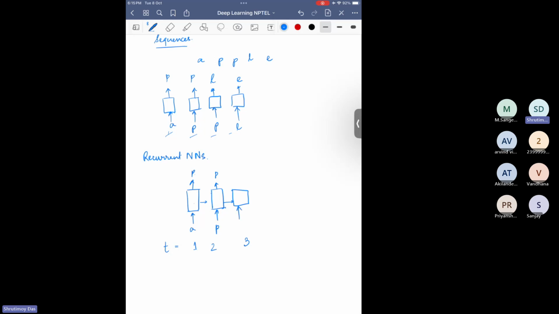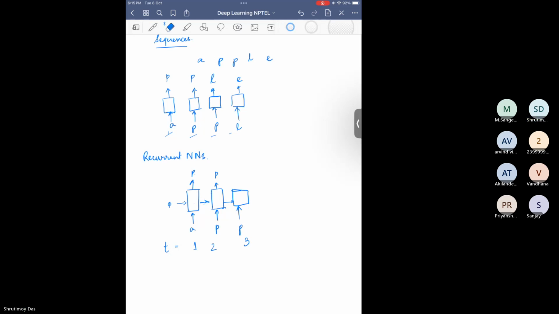At the third time step, it looks so. Initially it will look at some, say, blank slate. You don't pass anything. It will just say that okay, this is the start of the word. We don't look at any other function now. But once it goes from the first time step to the second time step, it will look at some information, say H1 or S1.